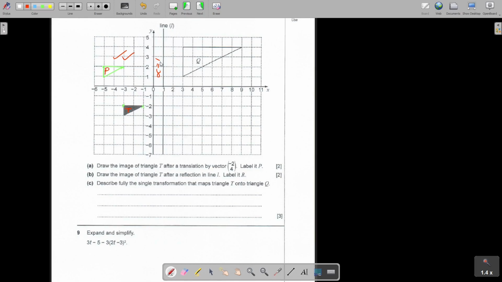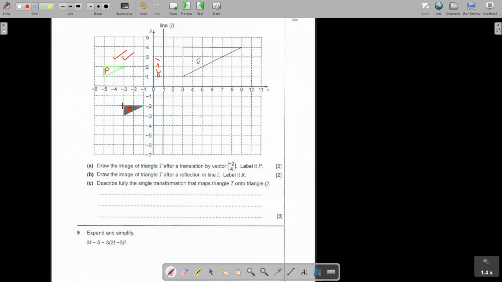So again, I'm just going to count to this line, not to the y-axis. If I start there, then it's 1, 2, because it was 2, and then to this side, 1, 2. Okay. Then it's 1, 2, 3, 4. And then 1, 2, 3, 4. And then to which one?